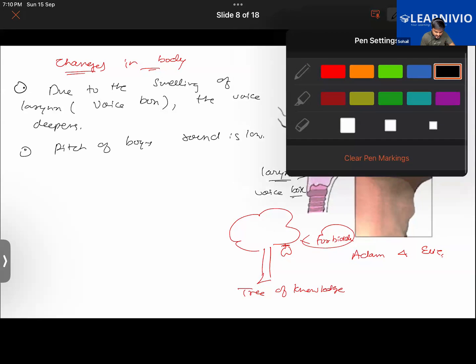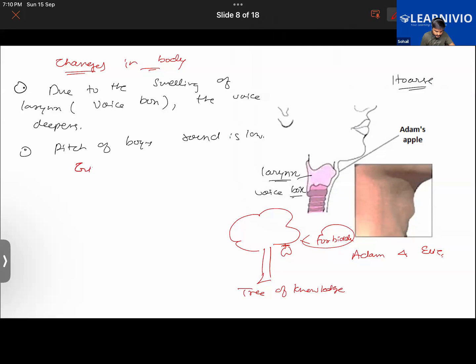But when we look at the girl's voice, their pitch is high. Pitch basically refers to the number of vibrations in 1 second. Getting it, guys?